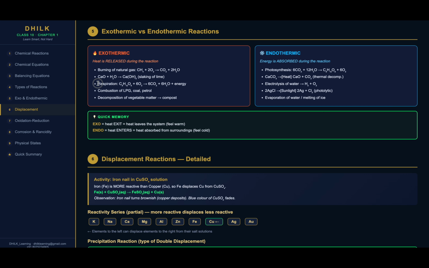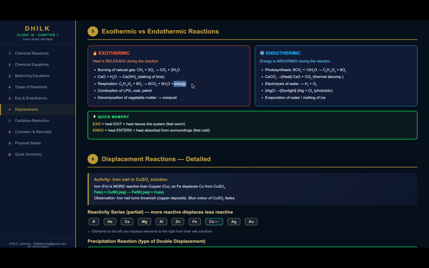Then respiration. Respiration is a type of exothermic reaction. What's happening during respiration in our body is that glucose reacts with oxygen to give carbon dioxide and water and energy. This is the formula for glucose: C6H12O6 reacts with oxygen and forms carbon dioxide and water plus energy.